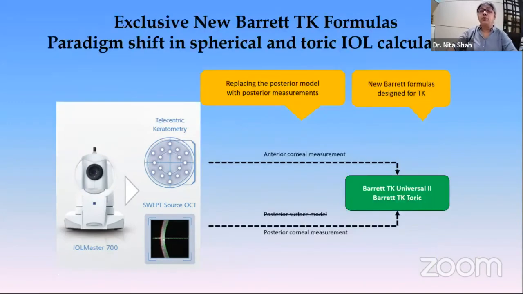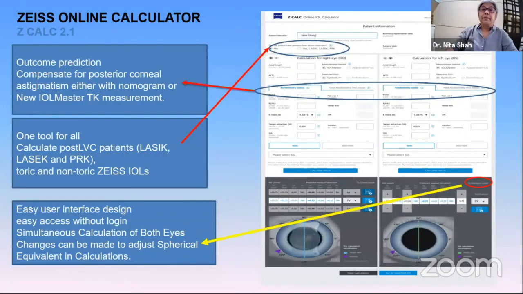And when put into our calculators, etc., it gives us such reliable data. And by doing this, we are replacing the posterior surface model with the actual posterior corneal measurement.